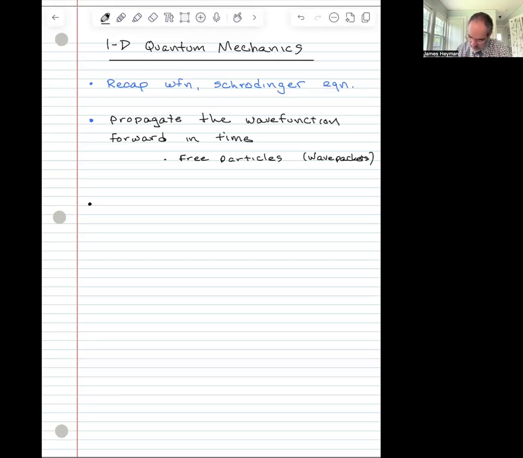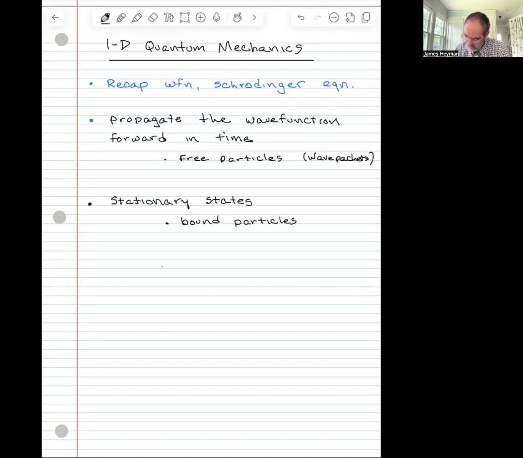The second thing is we'll investigate stationary states, or time-independent states. These describe bound particles. And we'll be looking for states of definite energy. Okay?